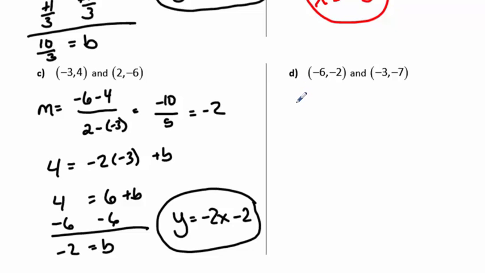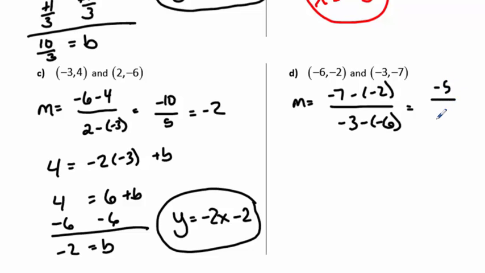Part D, find the slope. The slope is negative 7 minus negative 2 over negative 3 minus negative 6. So on the top, negative 7 minus negative 2 is negative 5. Over on the bottom, negative 3 minus negative 6 is 3, so the slope is negative 5/3. Plug in either ordered pair. So I'm going to plug in negative 2 for y equals negative 5/3 times negative 6 plus b.